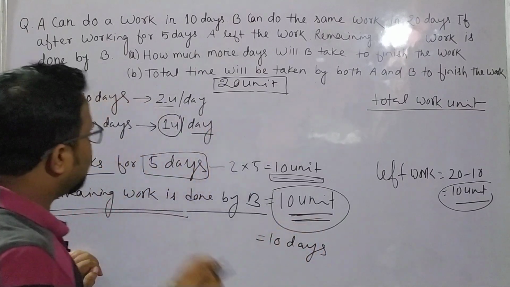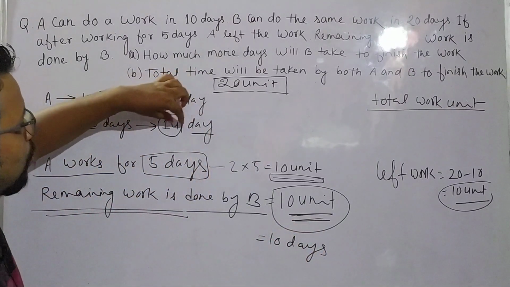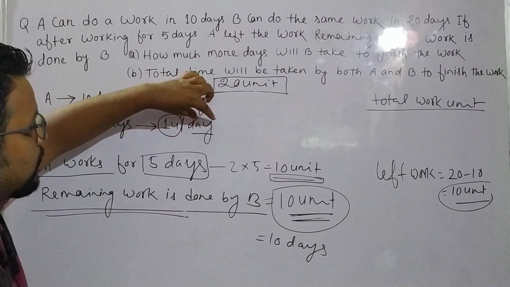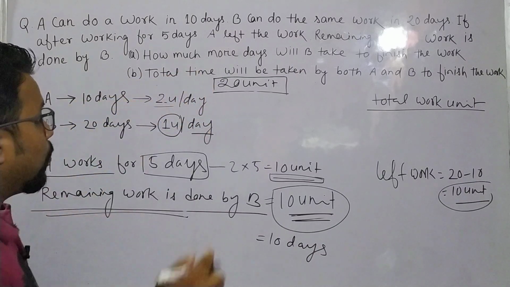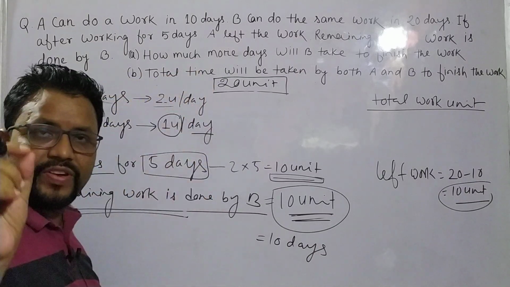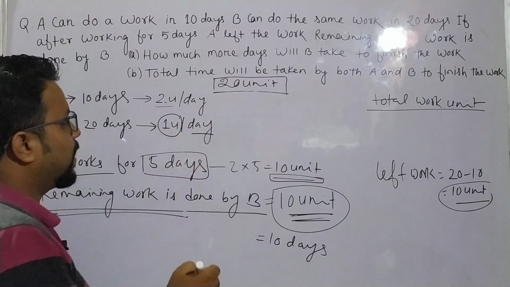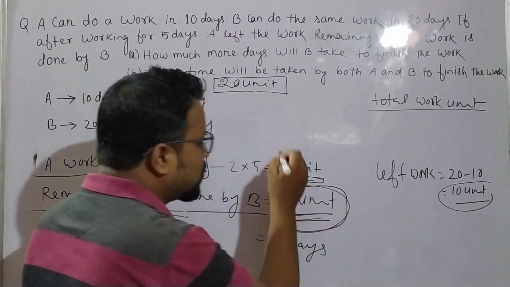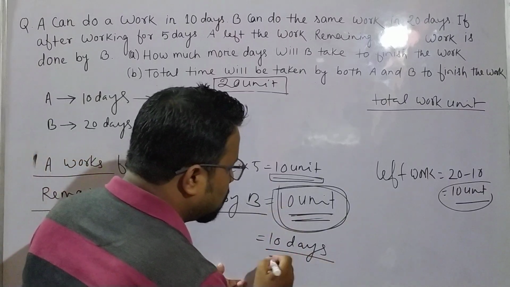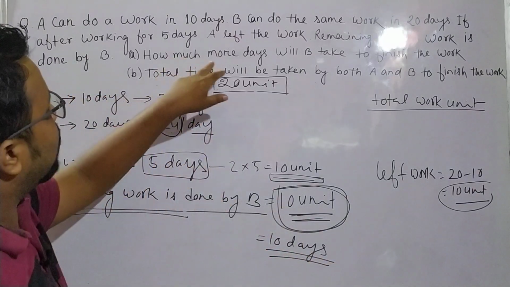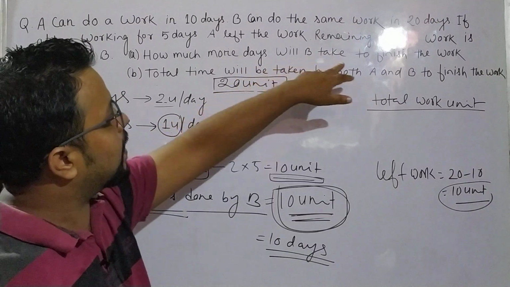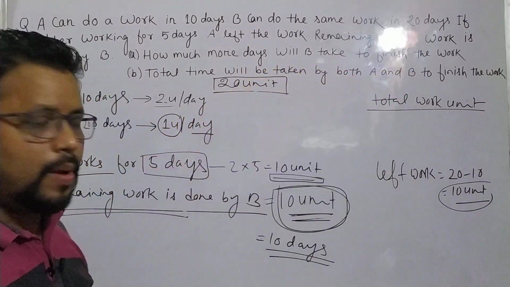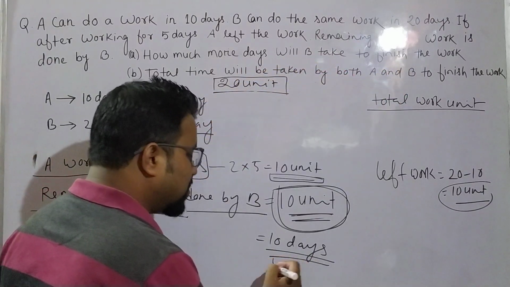Okay, if B completes 1 unit in 1 day, then in order to finish the 10 unit, how much will it take? Obviously 10 days. So how much more days will B take to finish the work? B will take 10 days.